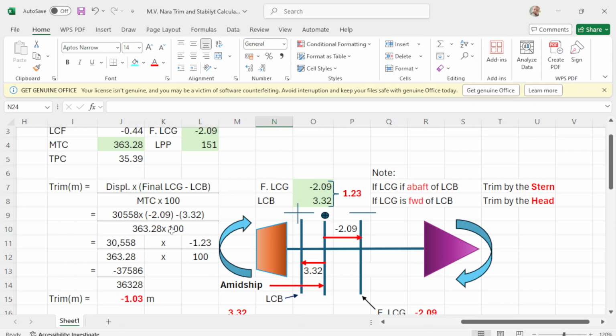First you apply final LCG minus LCB, and the result is negative 1.23.